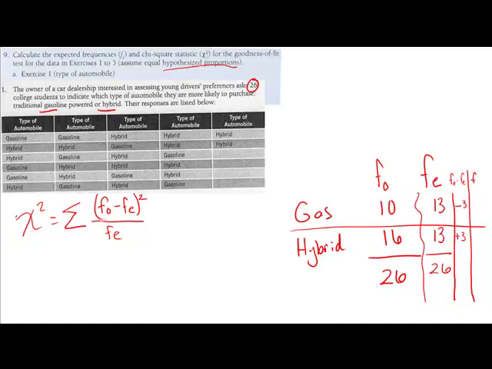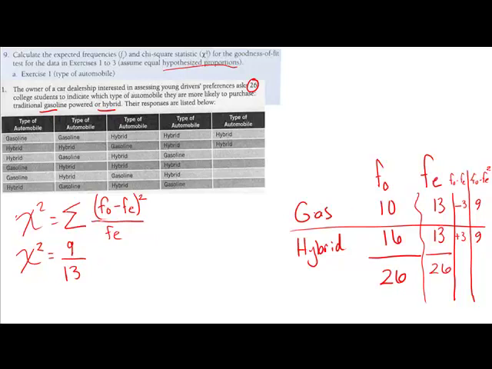If I square this, negative 3 squared is 9, and positive 3 squared is 9. I'm going to write it out over here to give me some more room. 9, that's my frequency observed minus my frequency expected squared, divided by frequency expected, which was 13.